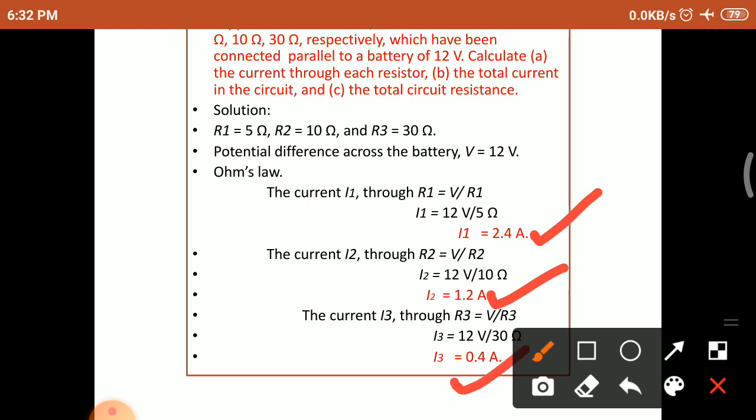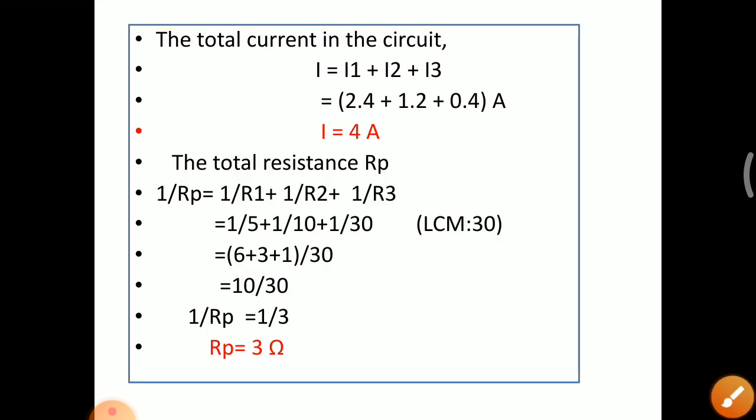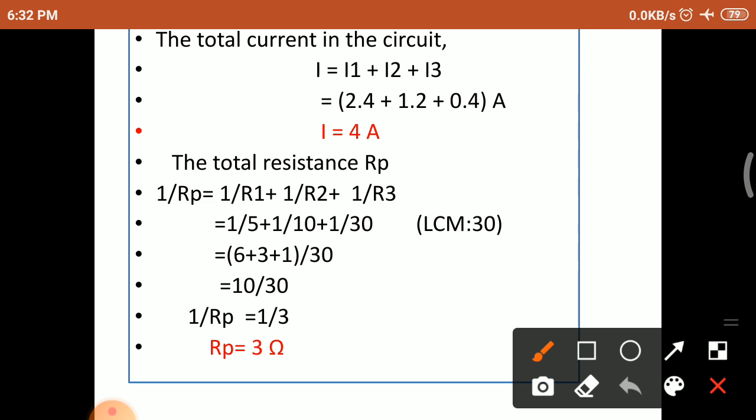Next we have to calculate the total current in the circuit. You know the formula, I equal to I1 plus I2 plus I3. The value of I1 is 2.4, I2 is 1.2, I3 is 0.4. When I add up, I get I equal to 4 ampere. So this is the total current in the circuit.